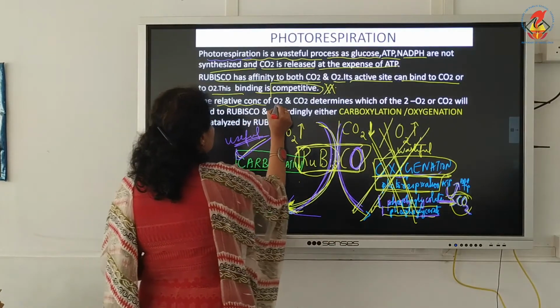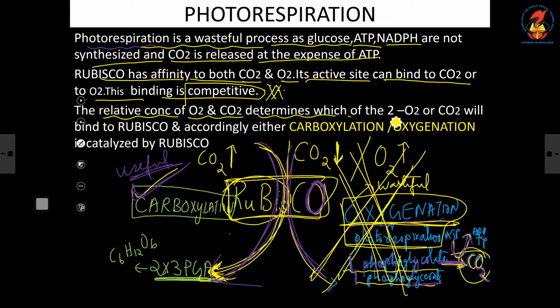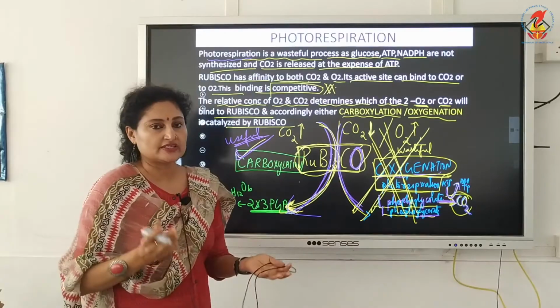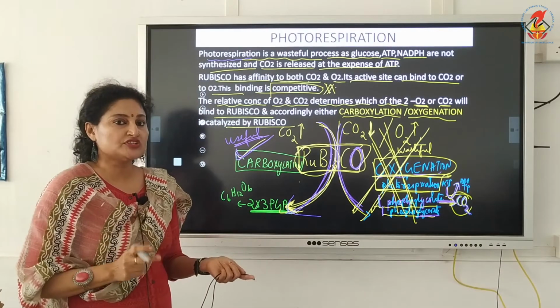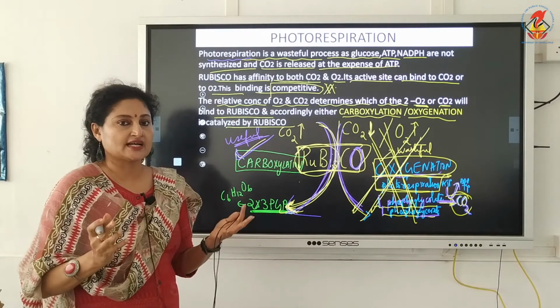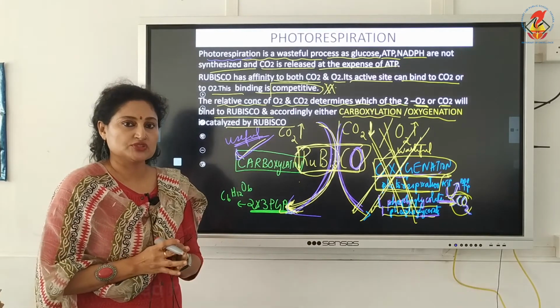The relative concentration of oxygen and carbon dioxide determines which of the two gases will bind to Rubisco, and accordingly carboxylation or oxygenation is catalyzed by Rubisco. Depending on which gas is high, that particular process is catalyzed.